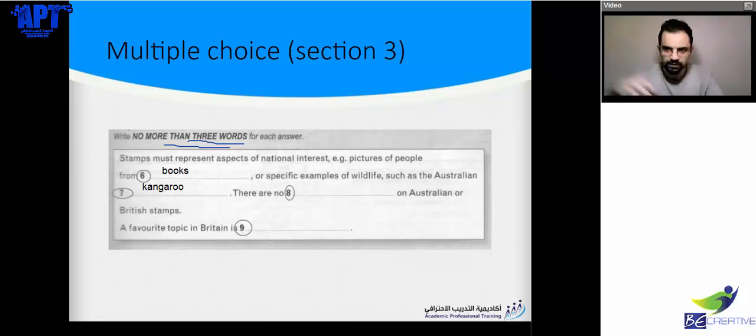So later in the conversation, just 2 seconds later, they said living people. Actually, they said it literally. There are no living people, or living people are never shown on Australian or British stamps. This is exactly what they said. A favorite topic in Britain is, of course, kings and queens.